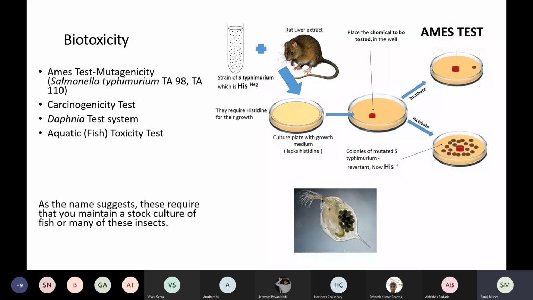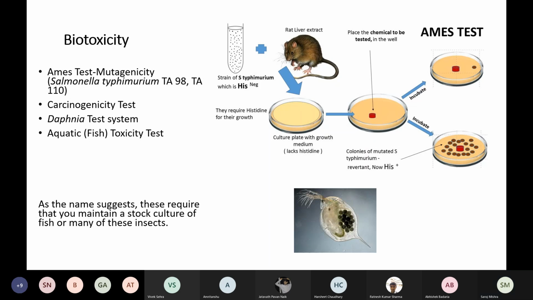Okay, so that way it can enter into the human system. So therefore, in order to determine that, you perform what is called the fish toxicity test. That is, does this contaminant really enter into the food chain? Because then the chances are that it must have reached human beings also.